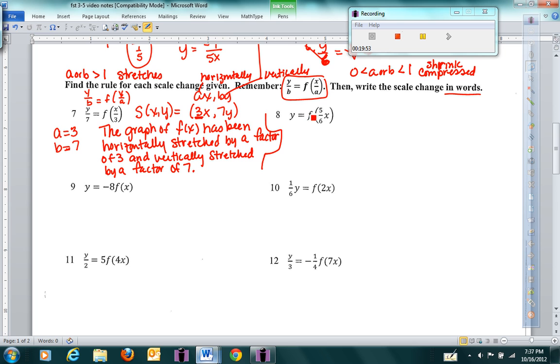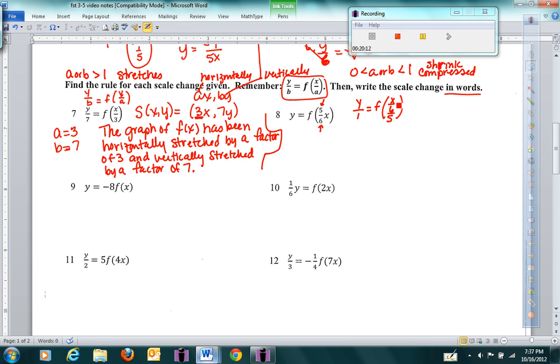On number 8, we could rewrite this as y divided by 1 equals f of, multiplying by 5/6 is like dividing by 6/5, isn't it? Dividing by 6/5. Multiplying by 5/6 is like dividing by the reciprocal. We can't have 5x over 6.